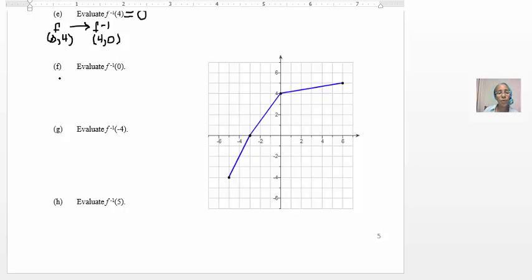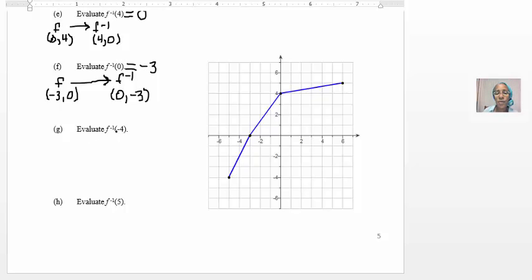So when we're on f, we have the point (-3, 0). The mirror image of that on f inverse is (0, -3). So f inverse of 0 is -3.